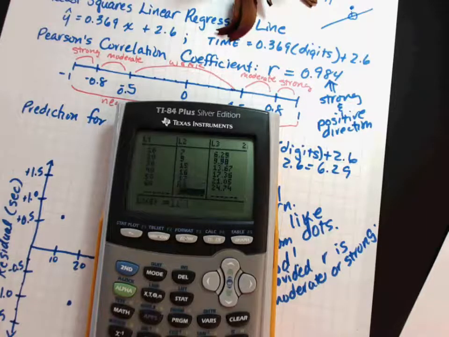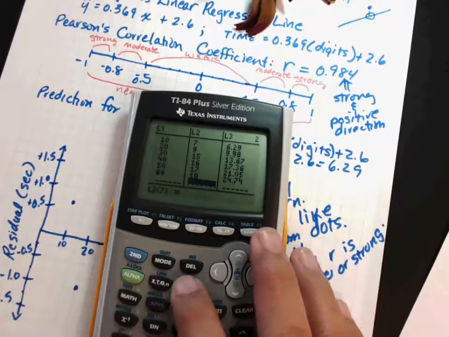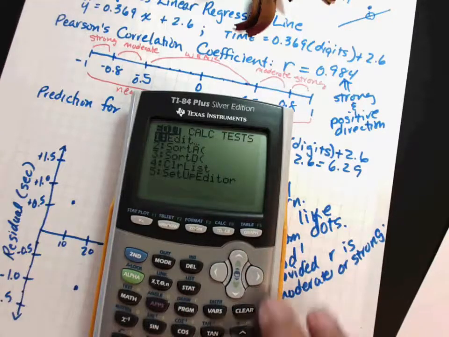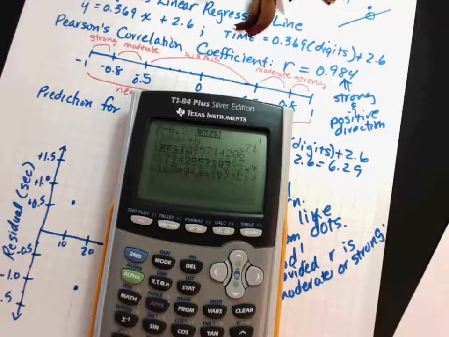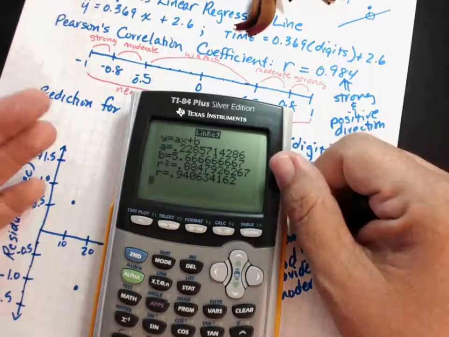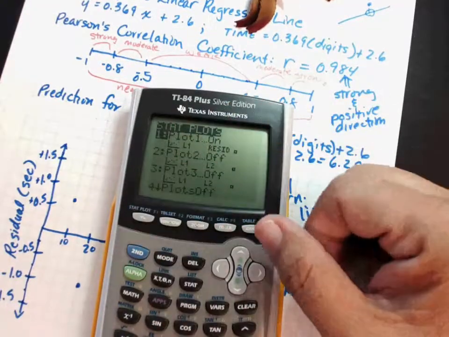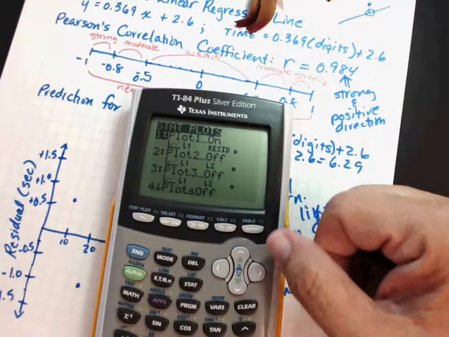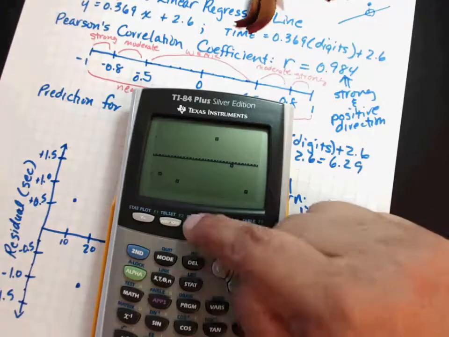Let's pretend that was the data, and I'm going to do a linear regression. Calc, line reg, everything's the same. And I still get a pretty darn good linear regression. But if I go stat plot and graph, hopefully you're going to see more of a pattern. Let me do zoom 9.